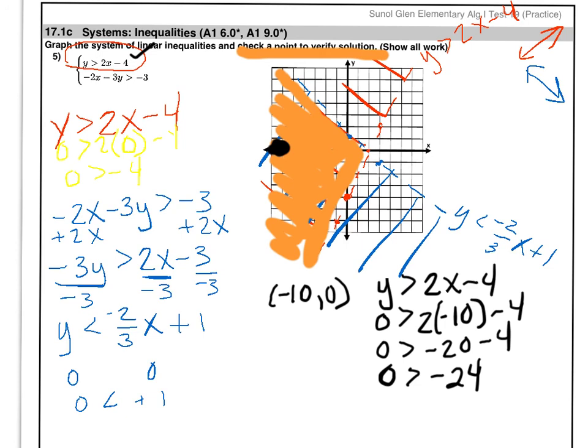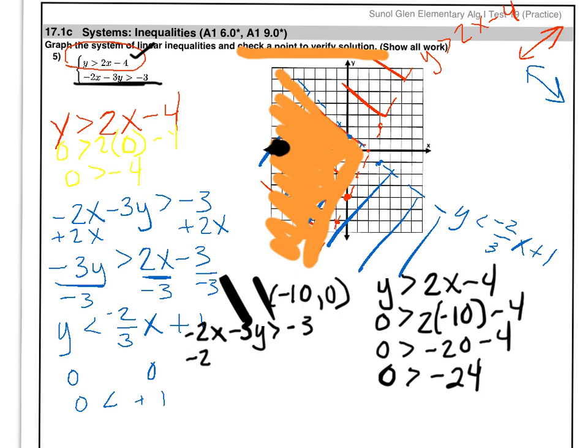So this second line I have to check it in. So I'm going to plug it in again into my other equation. And so this time I'm going to plug it into this guy right here. Okay? So I'm going to say negative 2x minus 3y is greater than negative 3. Sorry, my pen got a little crazy.